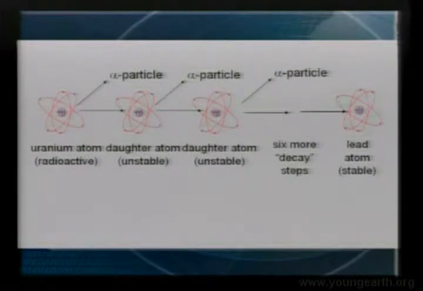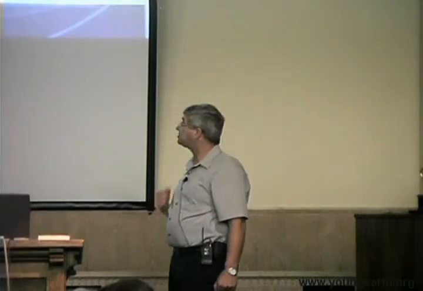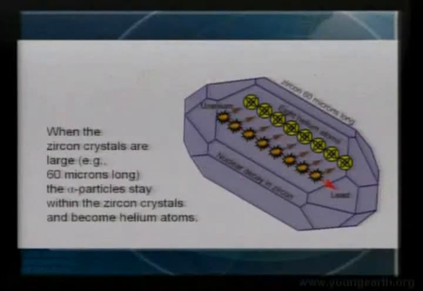So when uranium decays to lead, it goes through a whole series of alpha decays, 8 in fact, and a number of beta decays in between. So it goes from uranium-238 down to lead-206. It's actually lost 32 of the original particles in the nucleus until it becomes stable as lead. So there are a total of 8 decay steps where alpha particles are ejected from a uranium atom before it's transformed into a stable lead atom.